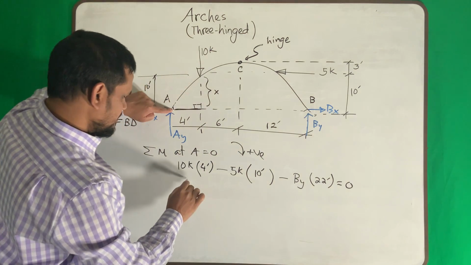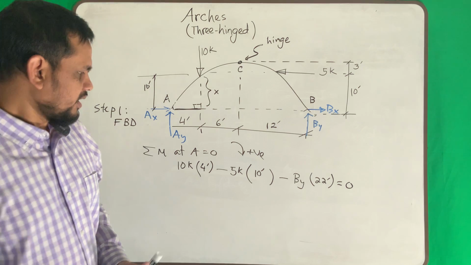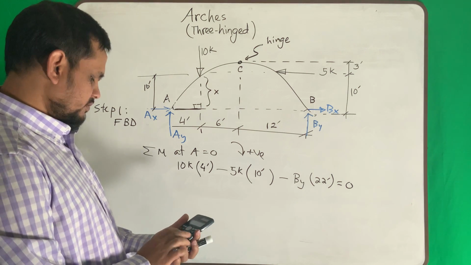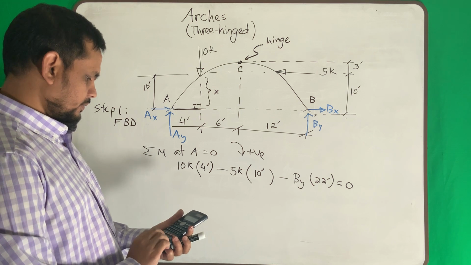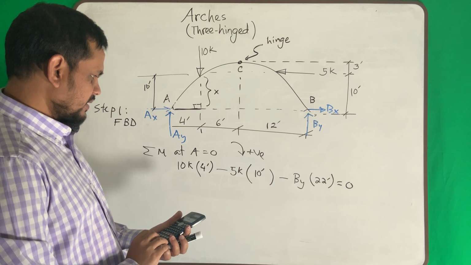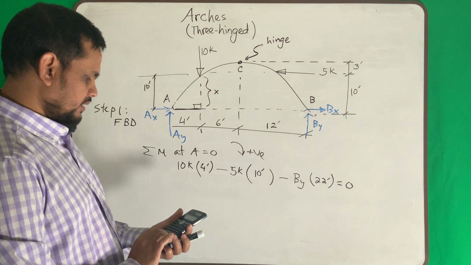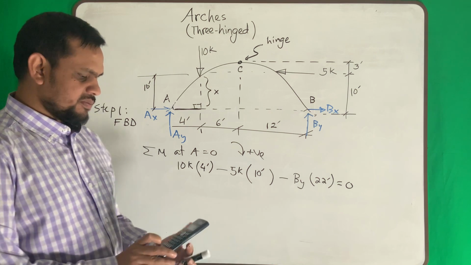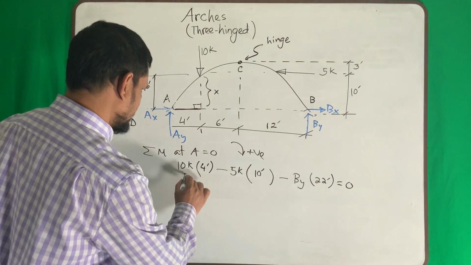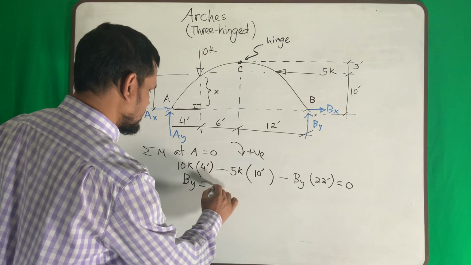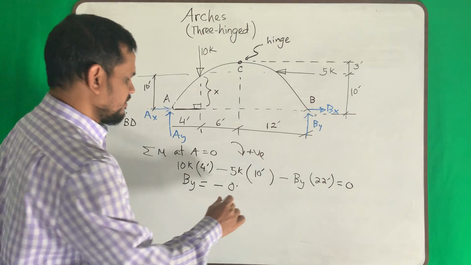22 feet. So if I solve, excuse my calculation mistake if I do any, I'm doing it very quickly. 4 times 10 minus 5 times 10, divided by 22, I got minus 0.45. So I got BY minus 0.45.